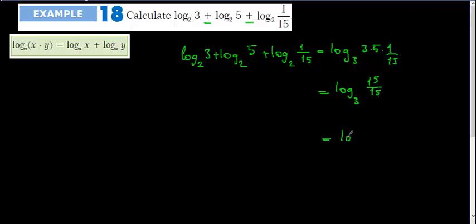That's equal to logarithm base 2 of 1. If you remember, logarithm base a of 1 is equal to 0, so this is directly 0. Again, I'm repeating, logarithm base a of 1 is equal to 0. That's the reason for this one.